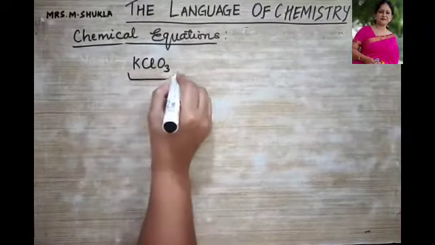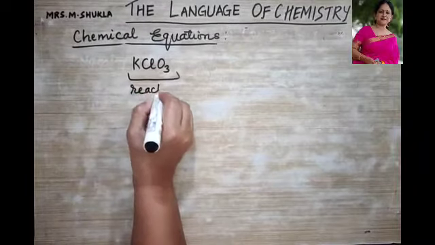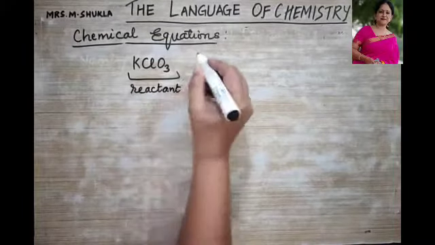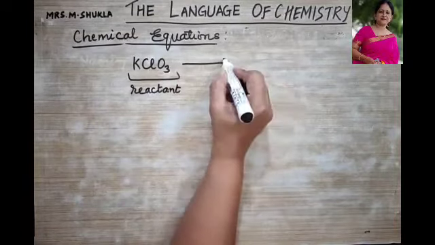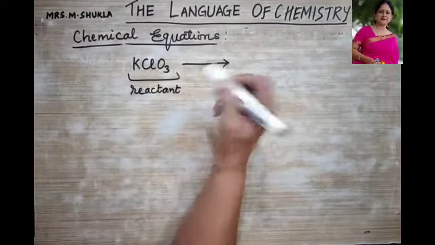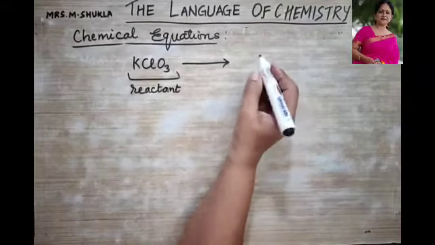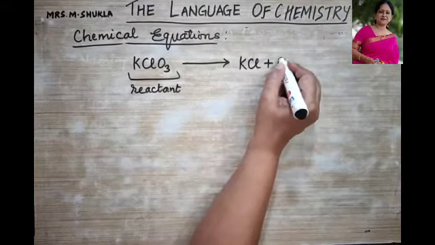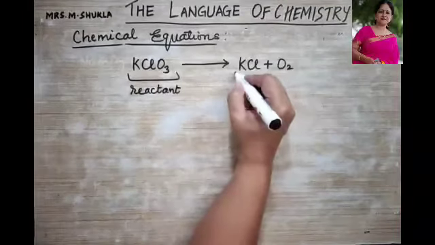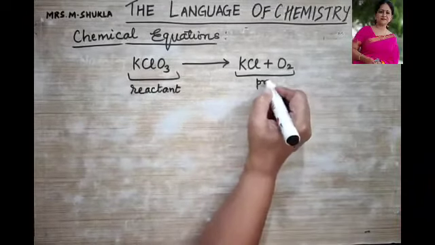This is a reactant. Okay. Then we have an arrow. Arrow has an arrowhead. This arrowhead shows in which direction the reaction is moving. And then we find these are the two products formed. So they are called product.